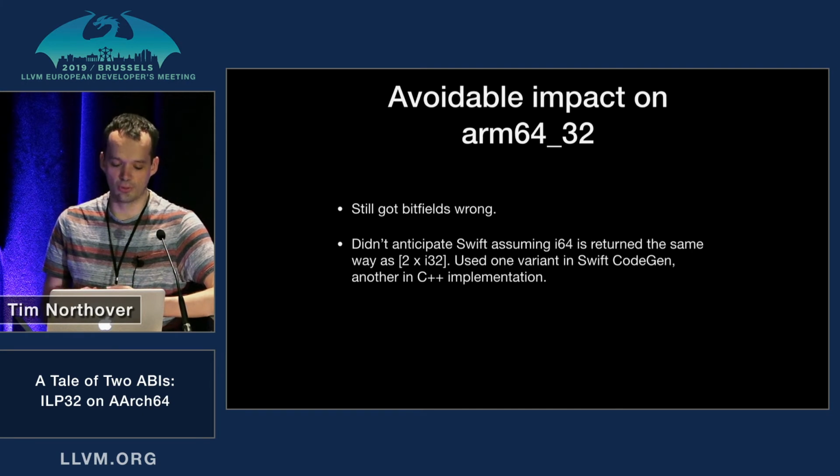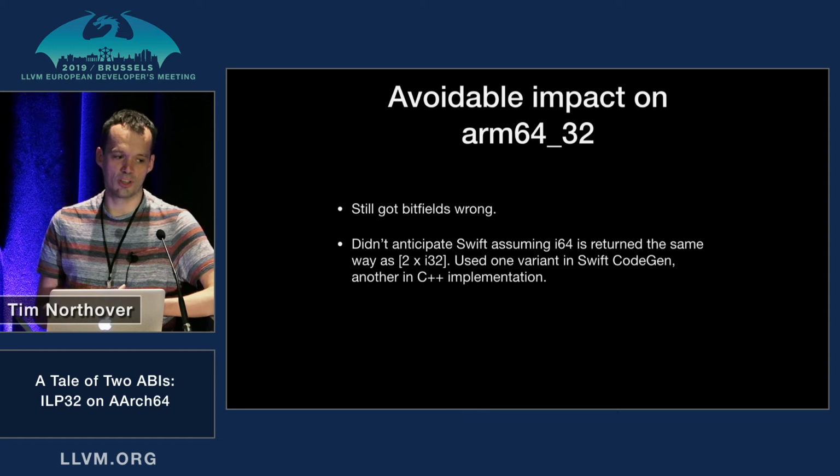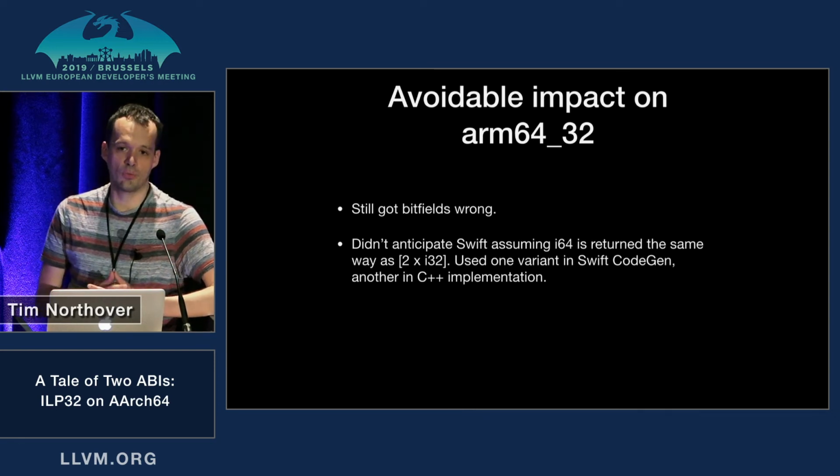despite having Swift in-house, really. For example, Swift has some runtime functions that return a pointer and an int pair, and it thinks that it knows how Clang's going to generate these, or at least that what it generates is compatible. And mostly it was, but it's not in this scheme. So one half of the function is declared or defined as returning an I64, and the other as a 2 by I32.